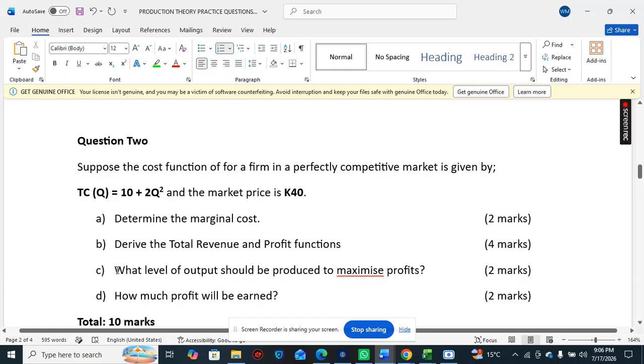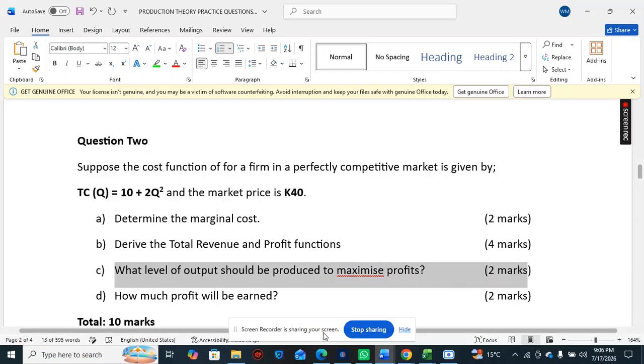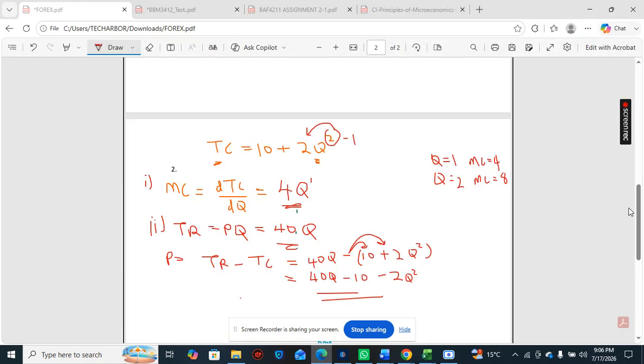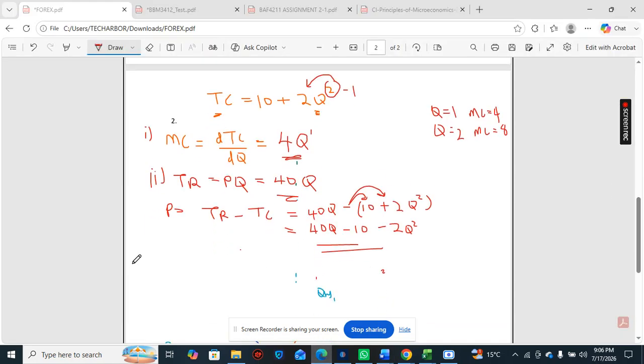The question is now asking what level of output should be produced to maximize profit? So this is the point of profit maximization. Okay, and we say the point of profit maximization is where marginal revenue equals marginal cost.